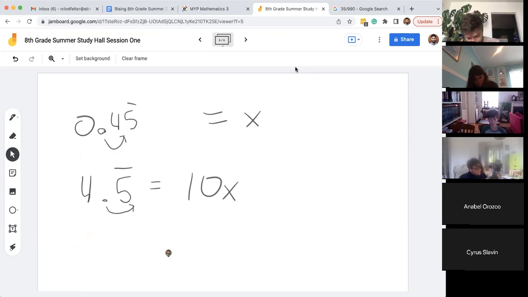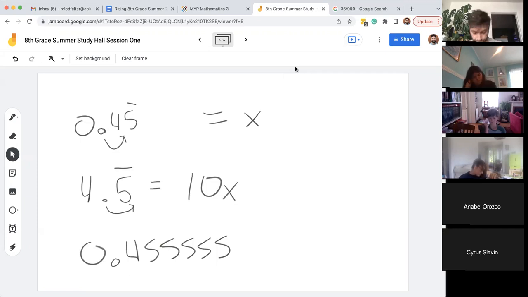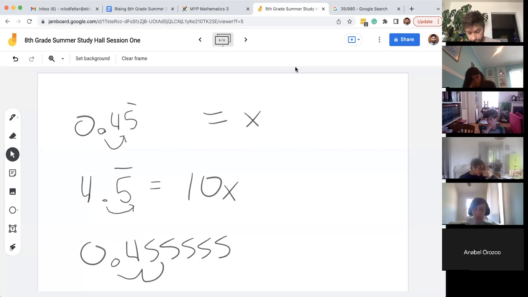So I had 0.45555, right? Like this, and on. If I multiply that number by 100, what do I get? 45.55555. Exactly. I moved the decimal two to the right. So you get how 100x equals that, right?